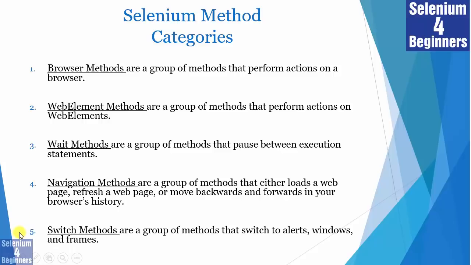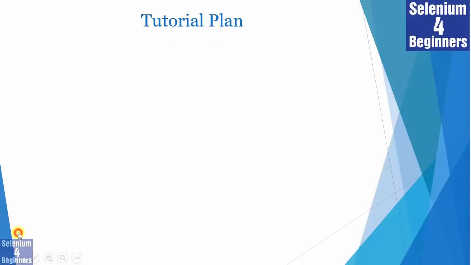Switch methods are a group of methods that switch to alerts, windows, and frames. An alert is a pop-up that comes on your screen. We have to switch to that pop-up and perform an action. Over the next few weeks, I will demo all of these Selenium method categories.